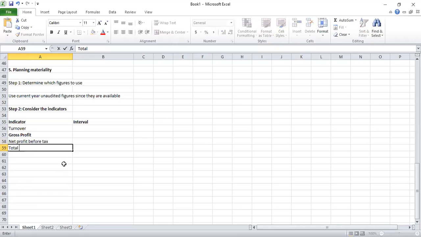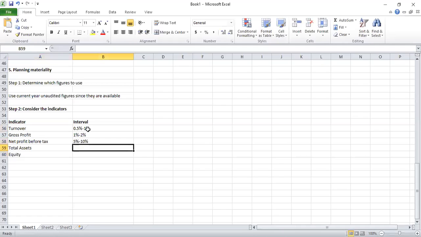Total assets, equity. (0.5% to 1%), 1% to 2%, 5% to 10%, 1% to 2%, 2% to 5%. These are our indicators.